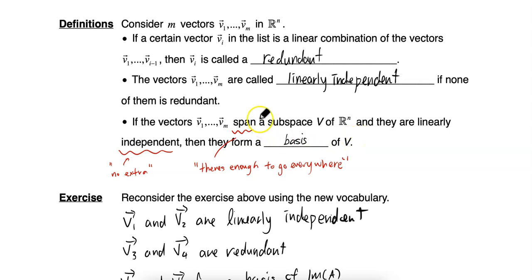So they span, meaning there's enough, but they are independent, so there's not too many. And that means there is just the right number. Span means there's enough, linearly independent means there's not too many, and basis means there's just the right number.